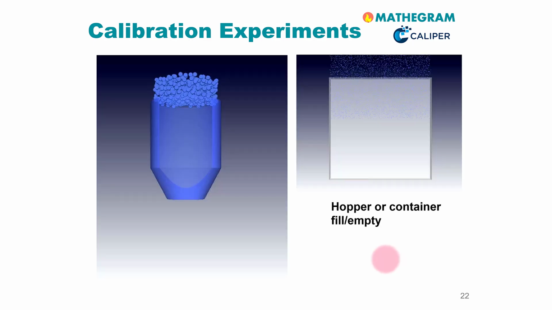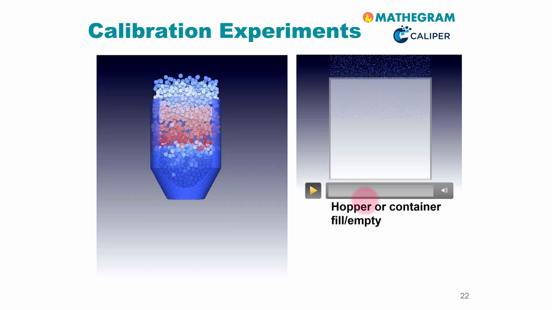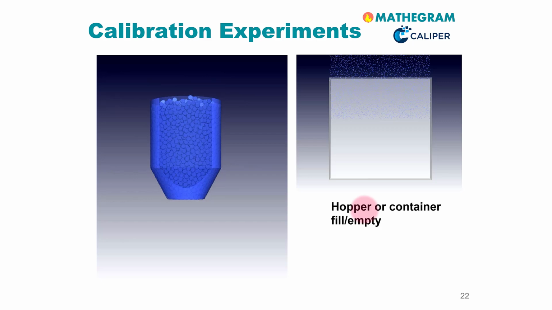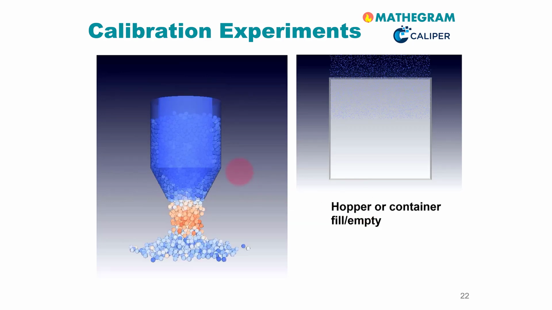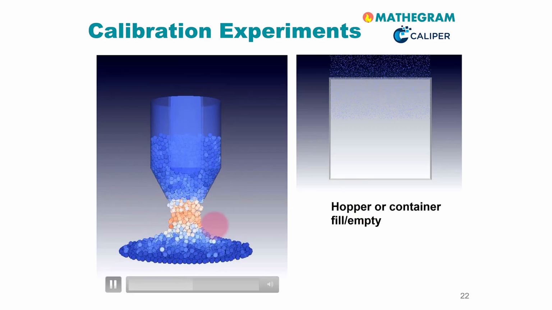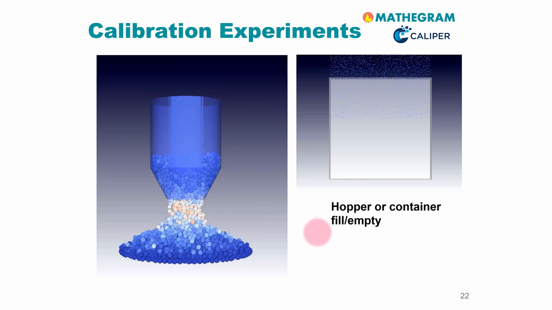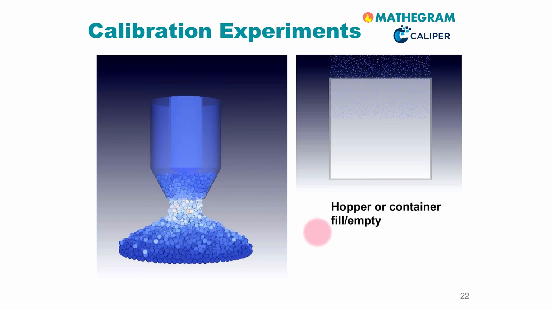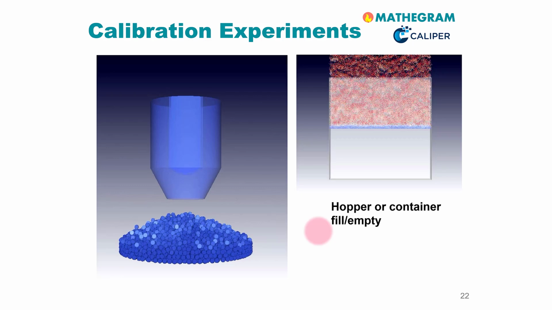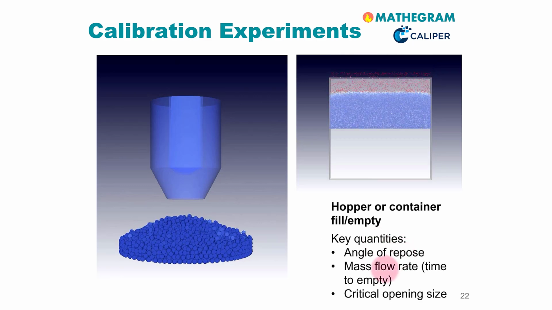A third important type of calibration experiments are hopper or container fill and emptying experiments. Here you see on the left a cylindrical conical shaped hopper. Here we can measure the mass flow rate exiting the hopper, and the angle of repose.